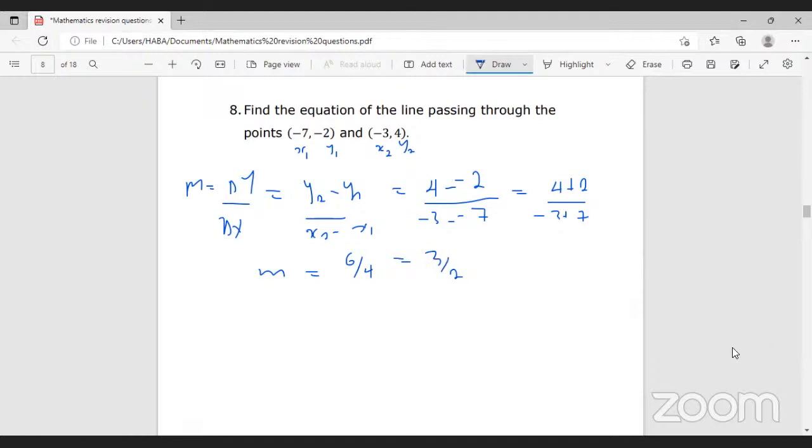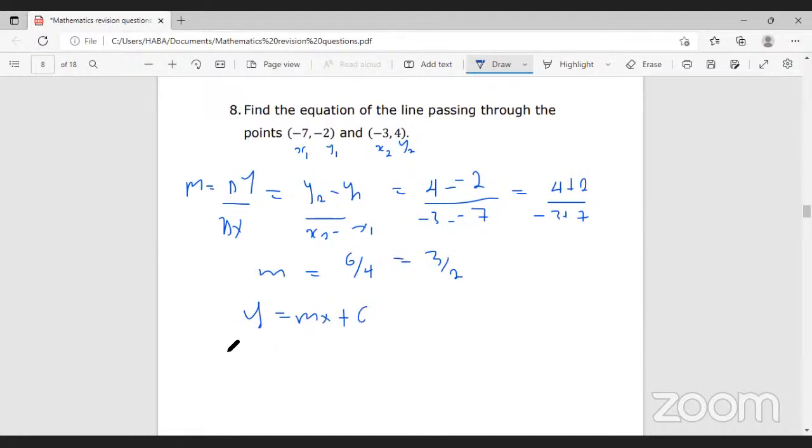Then what do you do after this? We use the formula for equation of the line, y equals mx plus c. So which point do we choose?